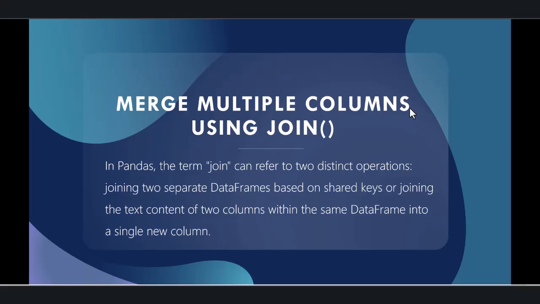We can join two separate data frames based on some shared keys, or we can also join the text content of two columns within the same data frame. Now, what we will see in the example is joining the text content of two columns within the same data frame into a single new column. Now, I'm going to show this in an example.